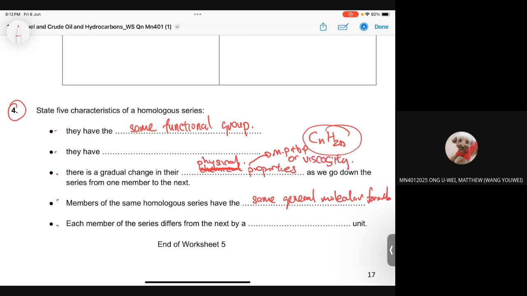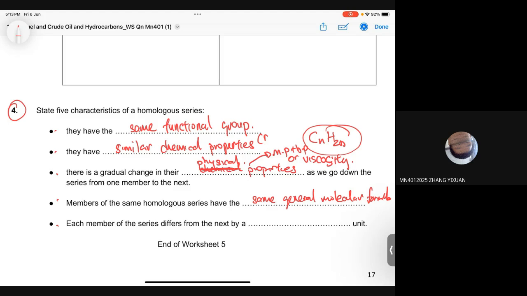Okay, next one, Rehan, give me another one. They have similar chemical properties. Okay, similar chemical properties, good. What does chemical properties mean? If I say they have similar, I wouldn't say reactivity, but it's close.